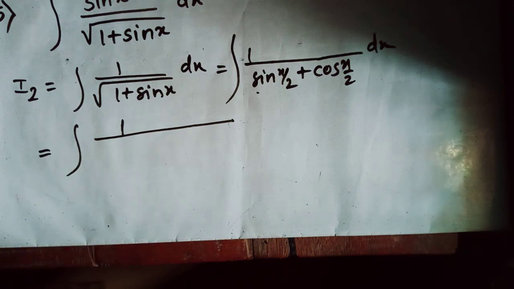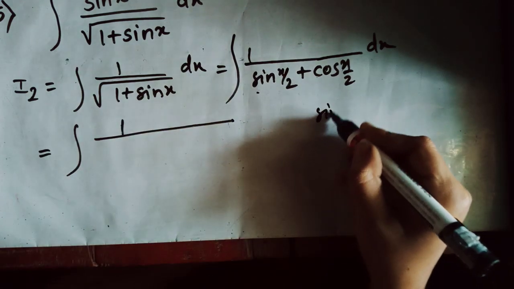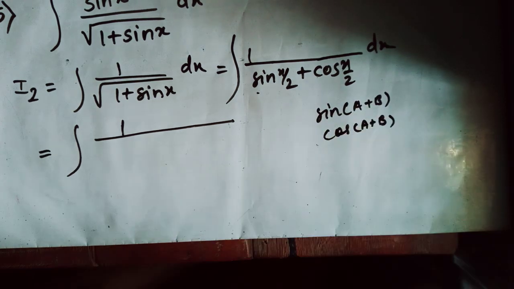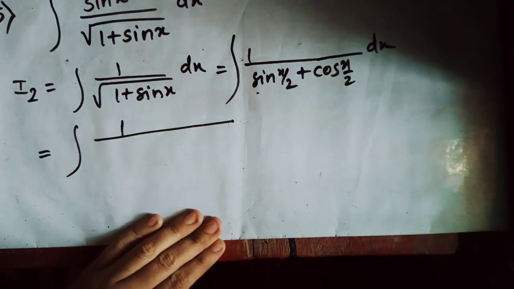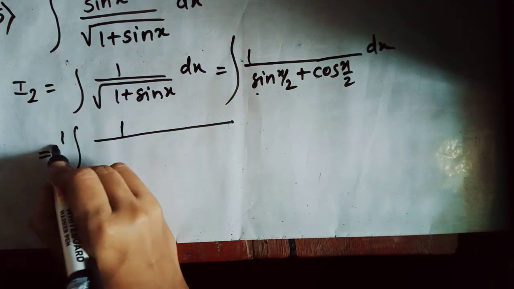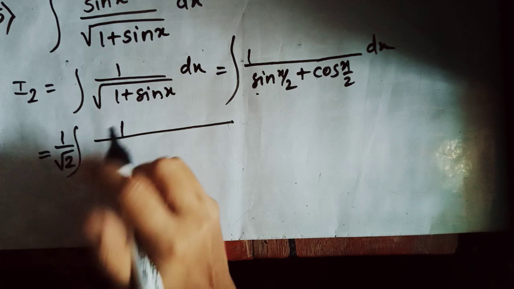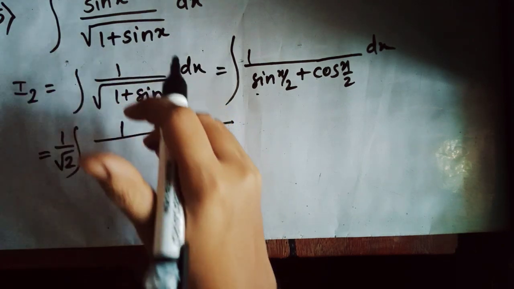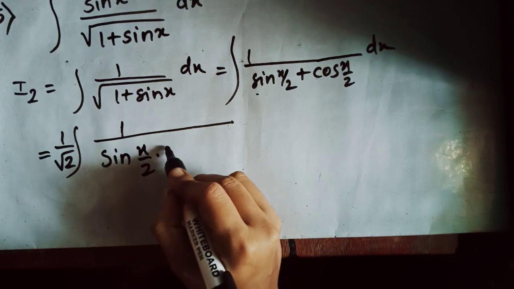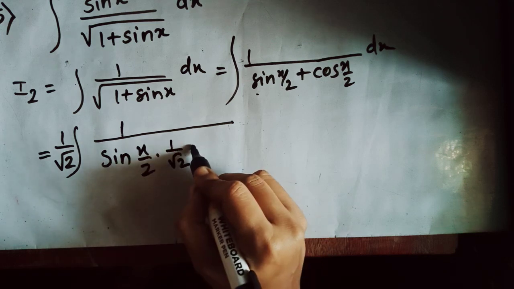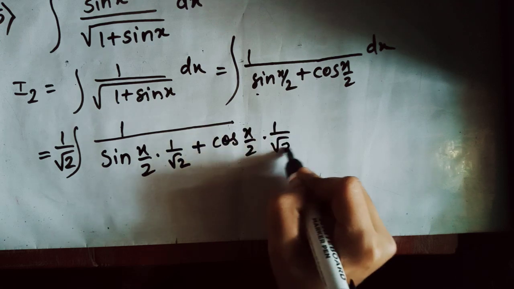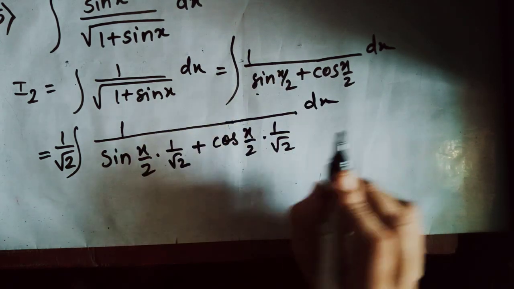So I can use formulas like sine a plus b or cos a plus b. Okay, so I'll multiply and divide by 1 upon root 2, means multiplying in the numerator and also in the denominator. So this will become sine x by 2 into 1 upon root 2 plus cos x by 2 into 1 upon root 2. Okay, dx.